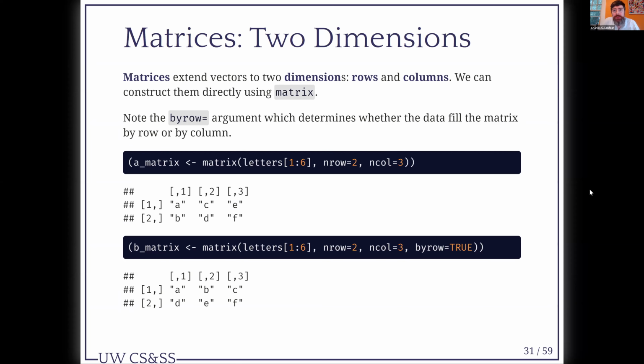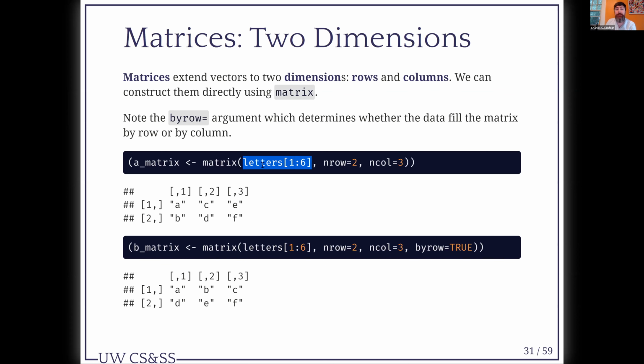Great, chugging along. Matrices. Okay, so matrices extend vectors to 2 dimensions. They have rows and they have columns. To construct a matrix manually, you can use the matrix function, okay? The matrix function will take as its first argument whatever you want to put in that matrix.